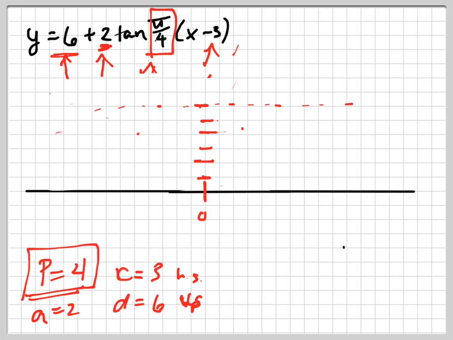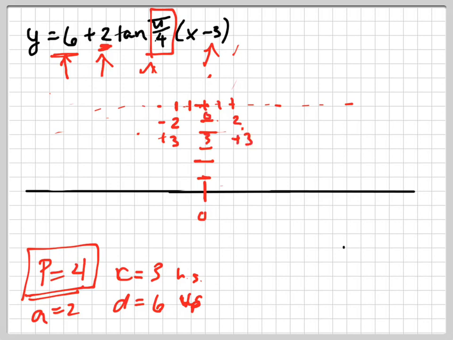So instead of going from negative pi over 2 to positive pi over 2, it's going to go from negative 2 to positive 2, with the center point right there. That's going to be one full period. But it's also going to be shifted 3 to the right. So I have to add 3 to negative 2, add 3 to 2, and add 3 to the 0 here as well.